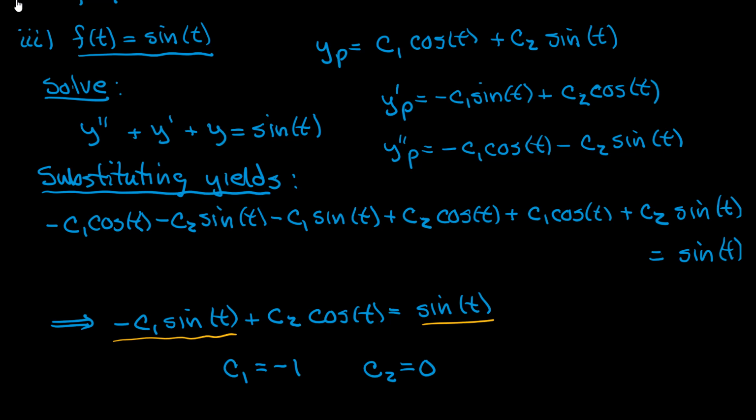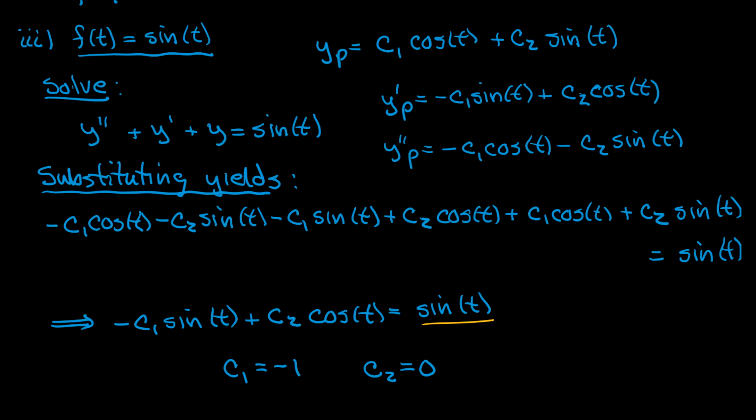But what we wind up with is negative c1 equals 1. The right-hand side is going to be 1 when you divide by sine. If we have negative c1 equals 1, that gives us our solution that c1 is -1.